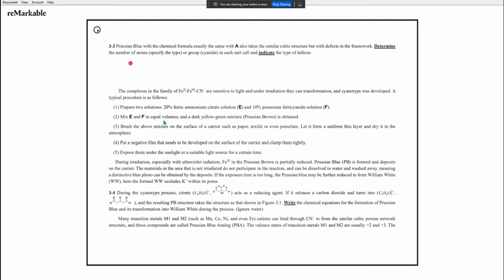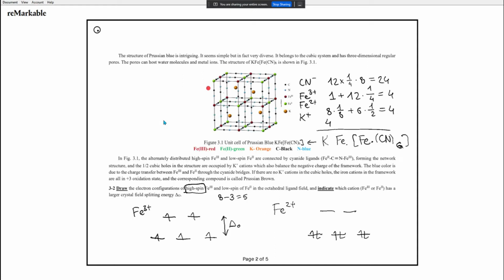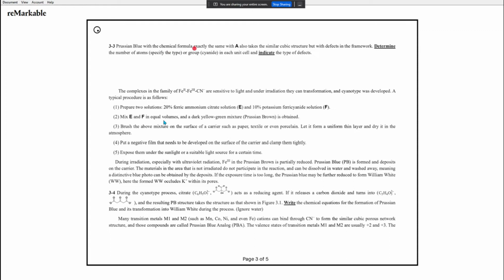Now we are asked about, on the previous slide we had this unit cell, which is a beautiful one, and that corresponds to this formula. However, the Prussian blue, if I'm not mistaken, is it Prussian blue? This Prussian blue has a formula which is A, and we solved it before, so the formula is ferrum 4 ferrum CN6, 3 times.